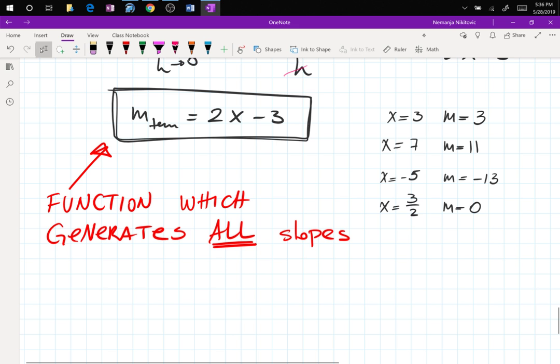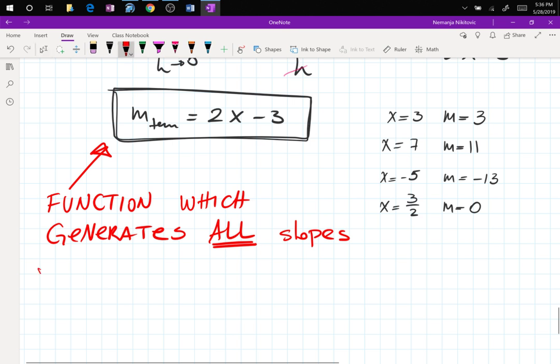What is the derivative? The derivative is the function which generates all of the slopes for all of the tangent lines you can possibly have on a line. Oh, and it measures the change. The derivative is a function which you can use to calculate all possible slopes for a given function.